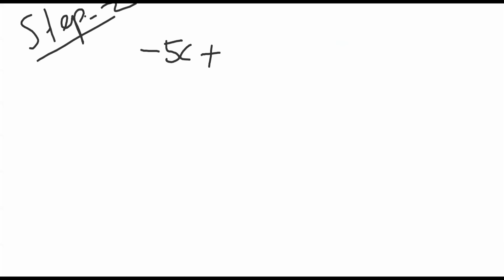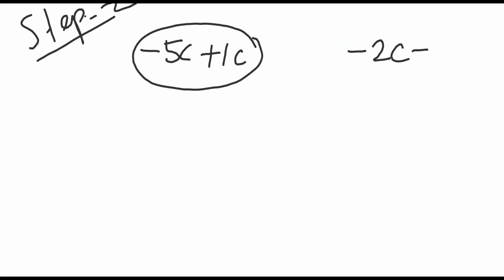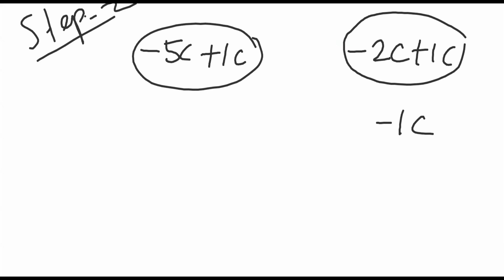Now see, in this case, with 5 microcoulomb, now step 2. Step 2 means I'm doing task 2. To minus 2 coulomb, I'm adding 1 coulomb extra. So it is becoming minus 1 coulomb.